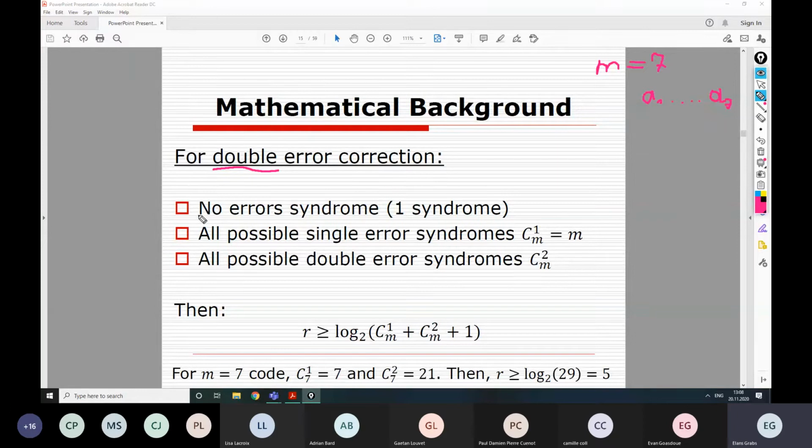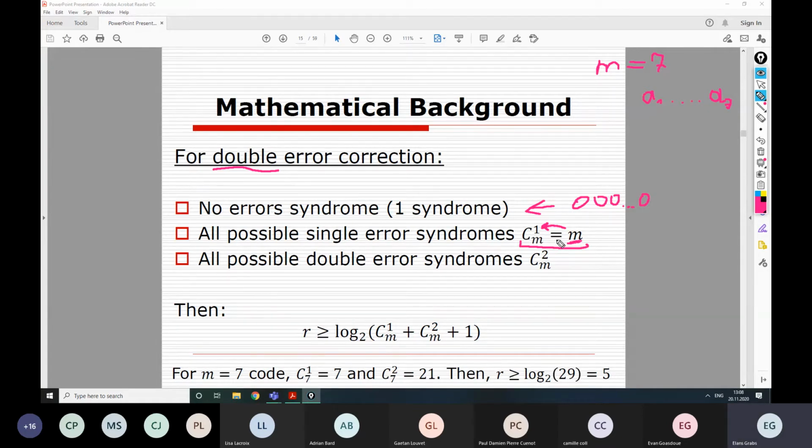So we need to add up the total number of syndromes like this. First of all, we need the syndrome for the case when no errors have happened. Usually, we use the all zero syndrome for this case. Then, we need all the syndromes for a single error, which already has been discussed, is a total number of m, which also can be calculated as the number of combinations by 1 from m symbols, which just happens to be exactly m.